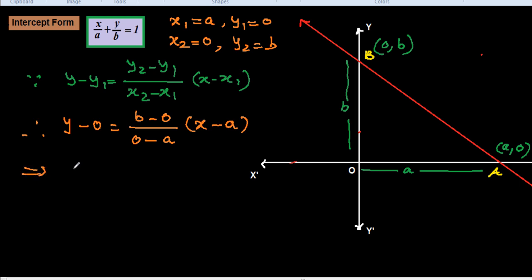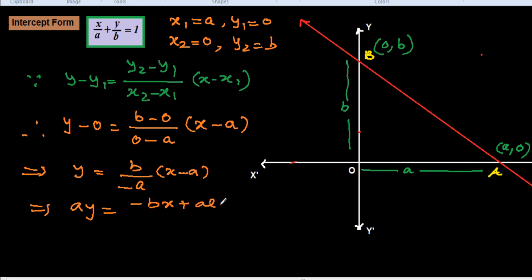Now we will simplify this. y is equal to b upon minus a, times x minus a. We transfer this a to this side: ay is equal to minus bx plus ab.